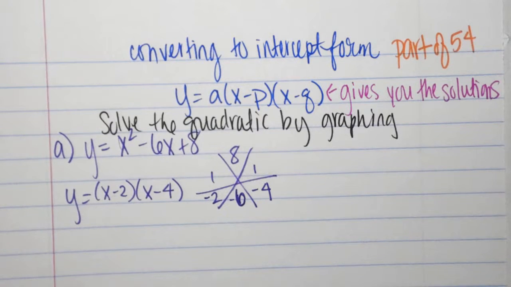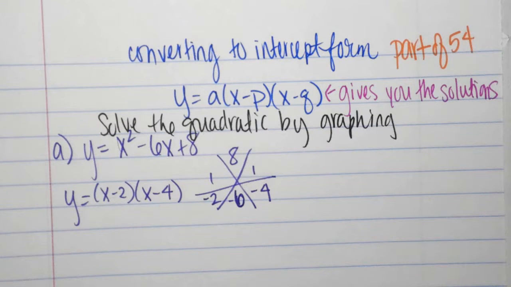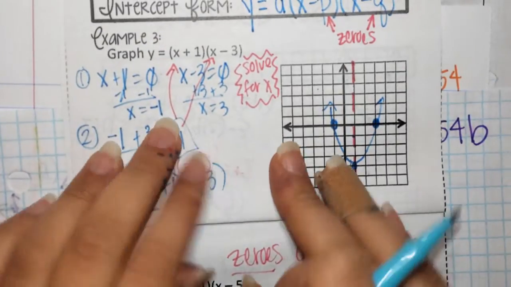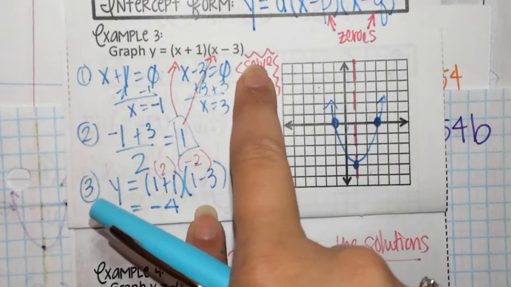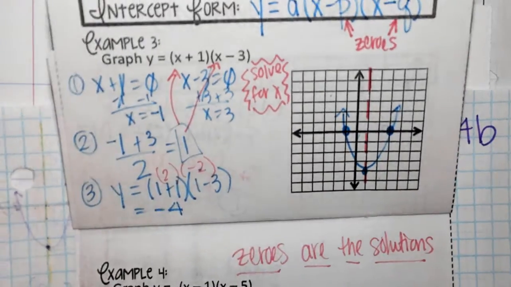So then, all you have to do is find what the solutions are. Do you guys remember what we did in intercept form? In case you don't remember, I'm going to open it to intercept form and show you. We took our parts and set them equal to what? 0. And then we did what? Solve for x.